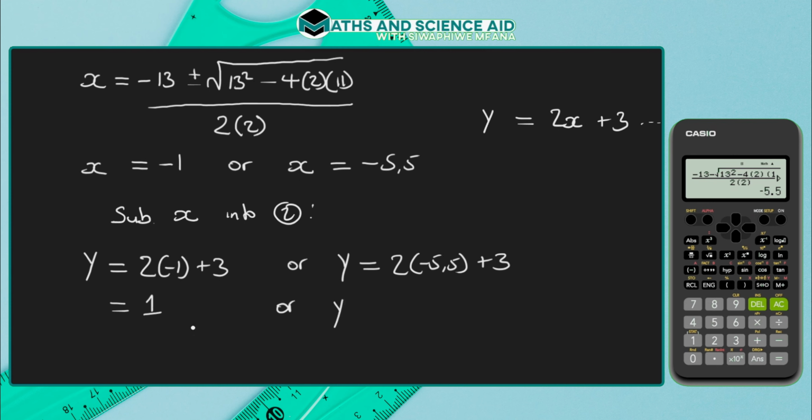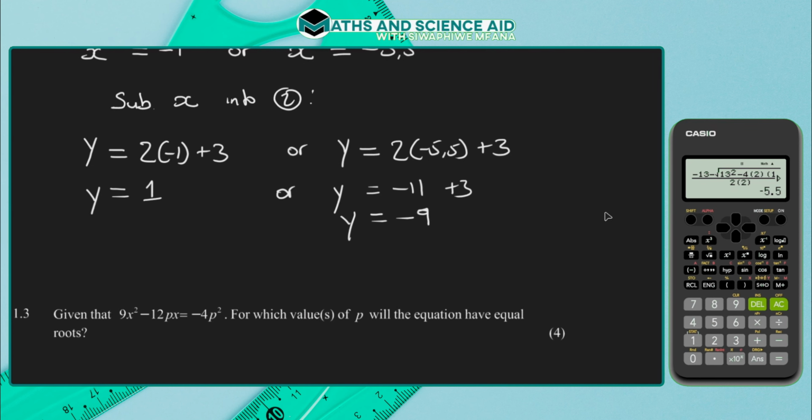And then our second y value is going to be 2 multiplied by negative 5.5, which is equal to negative 11, and then plus 3, that is equal to negative 9. So our y values are y is equal to 1 and y is equal to negative 9. So that's how you can solve for x and y simultaneously in this question.